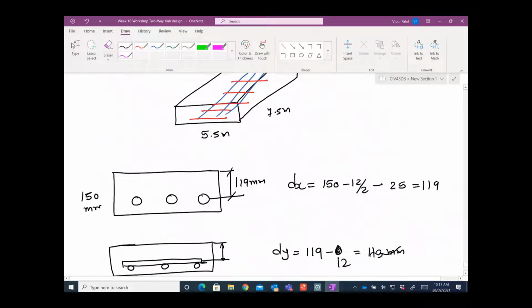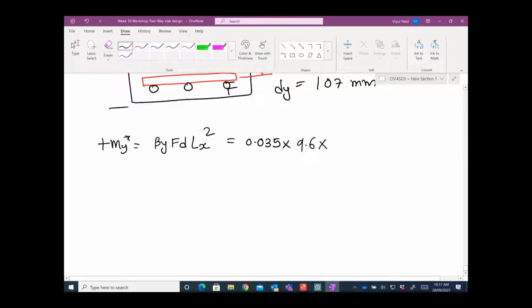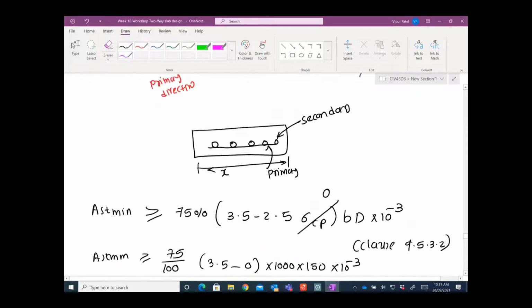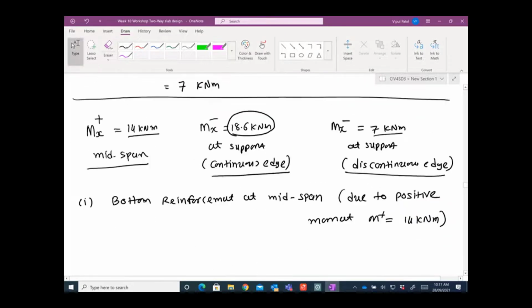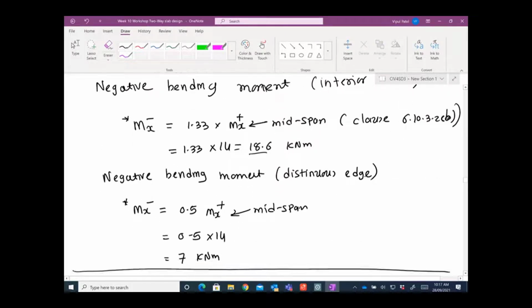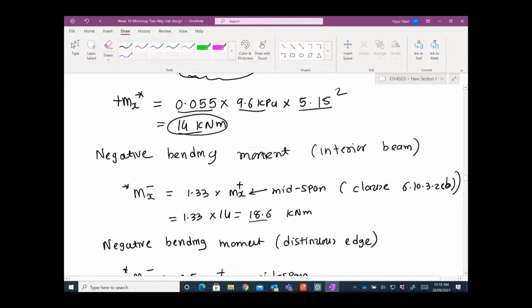So that would be your 9.6. Lx we already have, 5.15 squared. I'm just following this one. We already calculated mx. We are just going to change a few things. Where is the mx? Yeah, positive mx. These factors are going to change. 9.6 will stay as it is, so it's just 0.055 changing to 0.035.